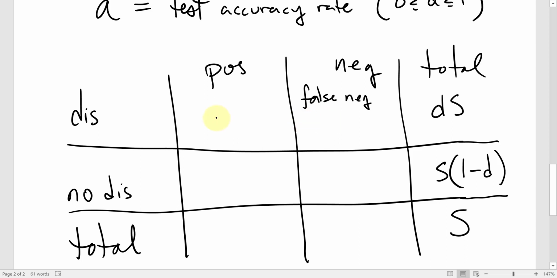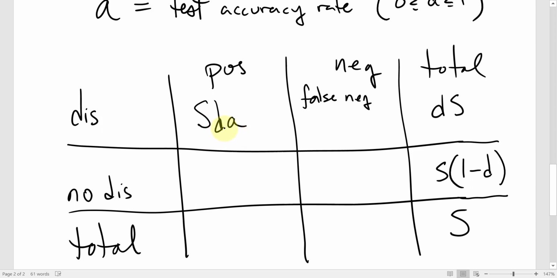Well, first just figure out how you identify it, based on the accuracy of the test, which is this value A. So it's going to be the total number of people in the population times the fraction that actually have the disease times the accuracy of the test. You could rearrange those letters as SAD, S-A-D, and that would be really fitting because it is testing positive and actually having the disease. So they would be the people that are SAD for sure in this context.